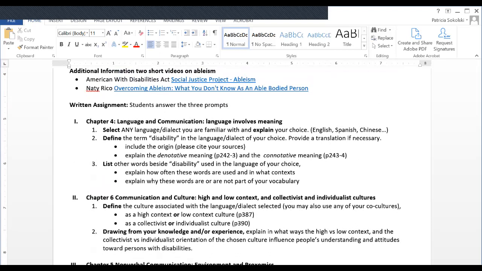And for that language, they'll define disability, including the origin, denotative, and connotative meaning of the word. And then they will list other words besides disability that are used in the language they chose. And they can explain how often these words are used and in what context, and why these words are or are not part of their vocabulary.